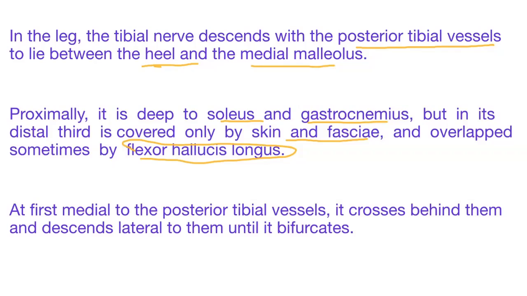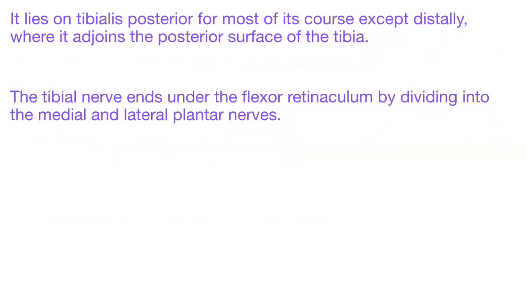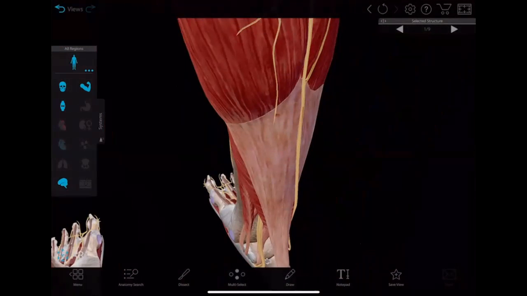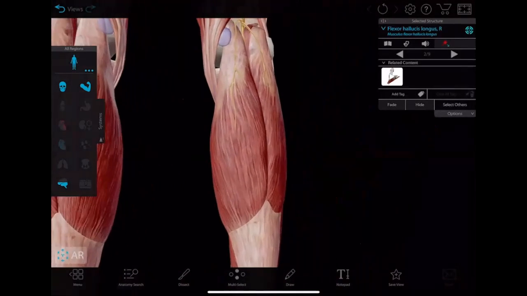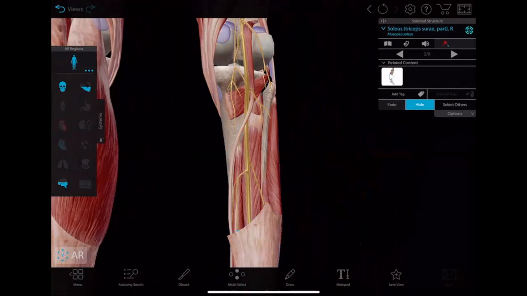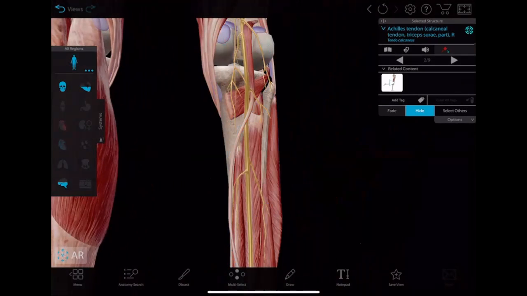At first medial to the posterior tibial vessels, it crosses behind them and descends lateral to them until it bifurcates. It lies on the tibialis posterior for most of its course except distally, where it adjoins the posterior surface of the tibia. So let's hide these muscles.